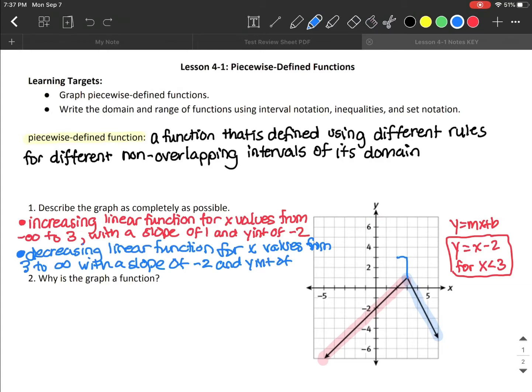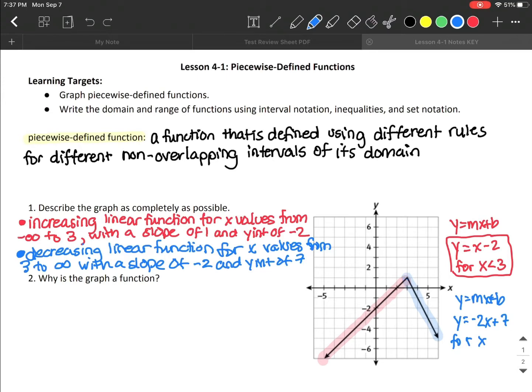If I want to come up with a rule for the blue piece, I would use y equals mx plus b, and sub in m is negative 2 and b is 7. So I have y is equal to negative 2x plus 7 for x values that are... this point here is shaded.